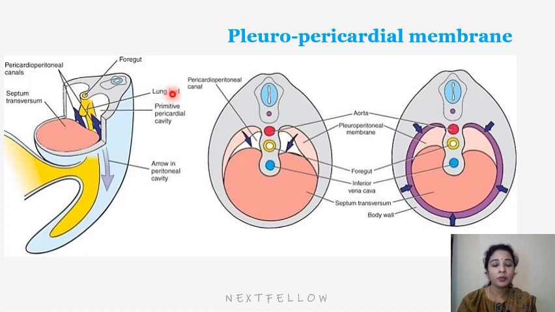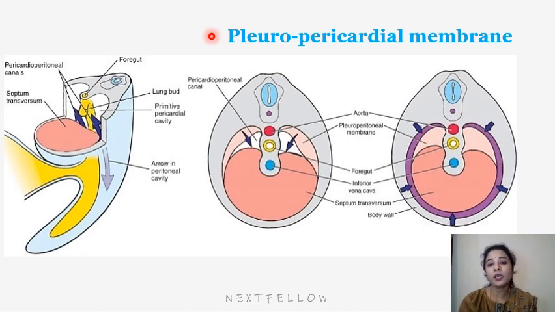The lung bud grows laterally, protruding into these canals, which later form the pleural cavity. So the lung buds grow into these pleuro-pericardial canals, which are the future pleural cavities.